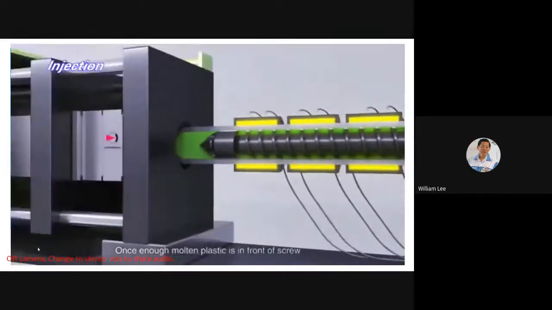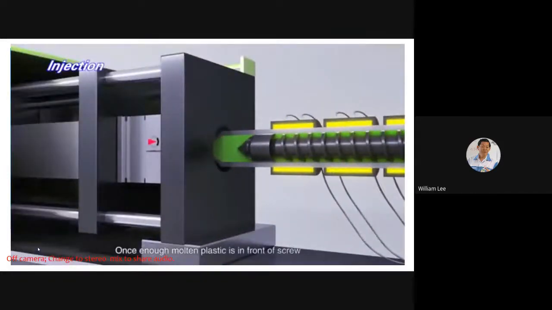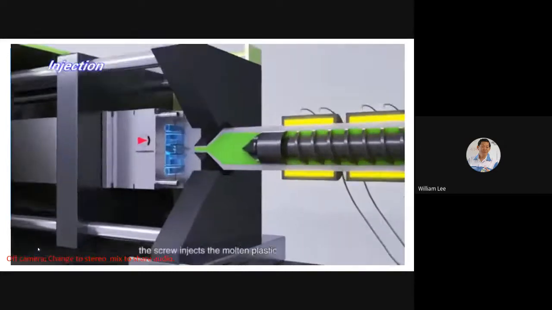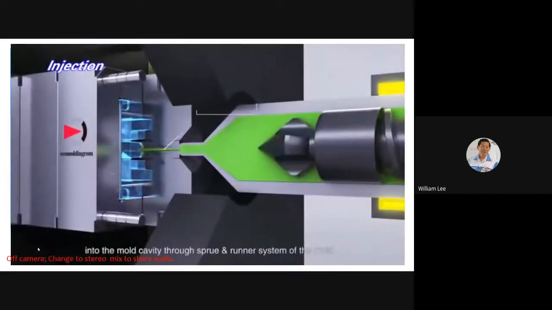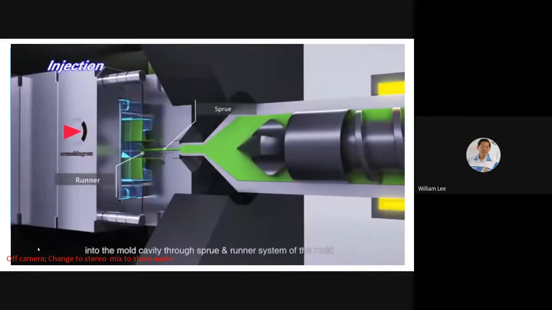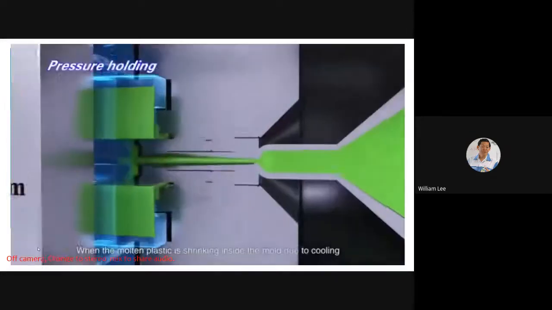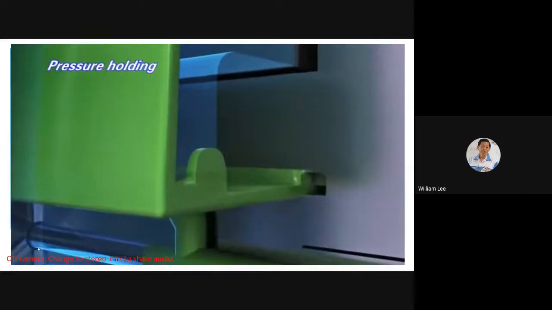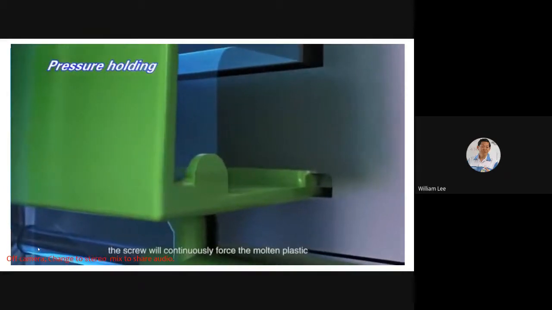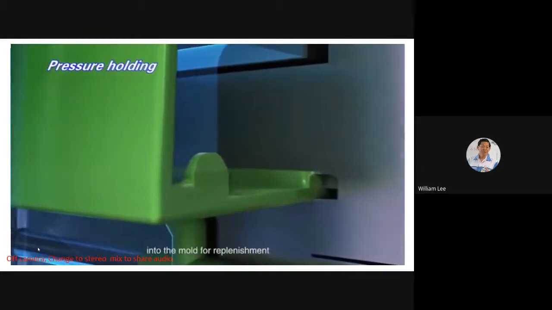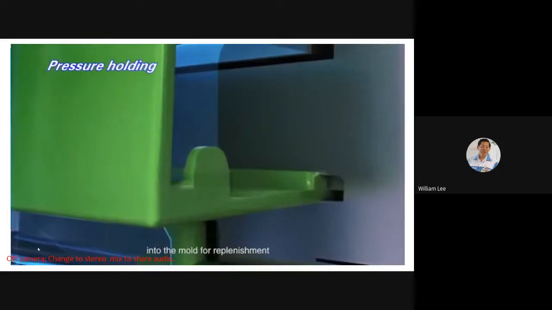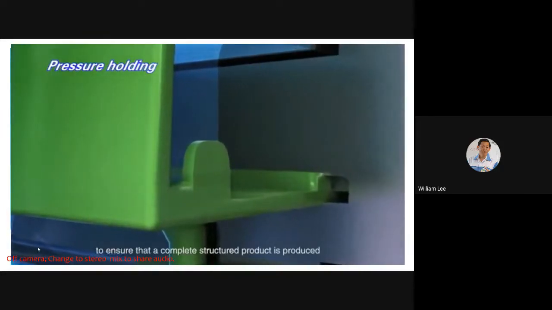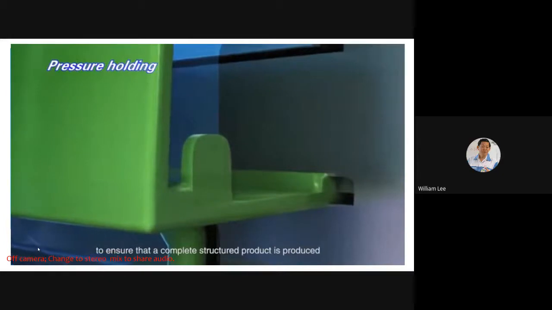Once enough molten plastic is in front of the screw, the screw injects the molten plastic into the mold cavity through the sprue and runner system of the mold. When the molten plastic is shrinking inside the mold due to cooling, the screw will continuously force the molten plastic into the mold for replenishment to ensure that a complete structural product is produced.